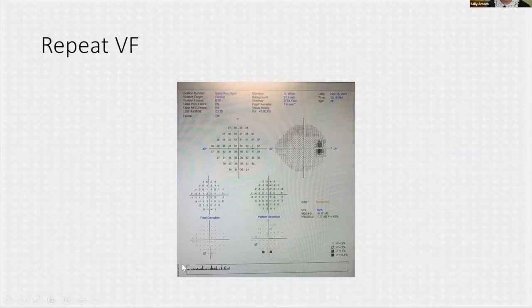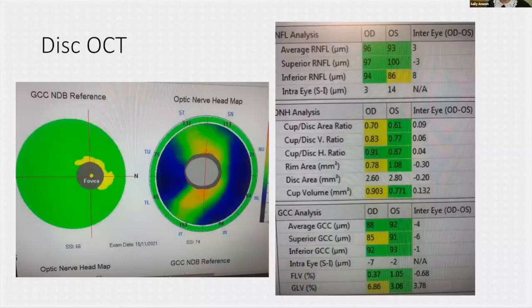So even though the gaze tracker does show that his eye moved around quite a bit, he didn't have any fixation losses, and actually he did the tests very well. So now this patient was reassured, and at the moment we're still going to monitor him because essentially of his very strong family history, and understandably he's very anxious, but crisis averted for him.